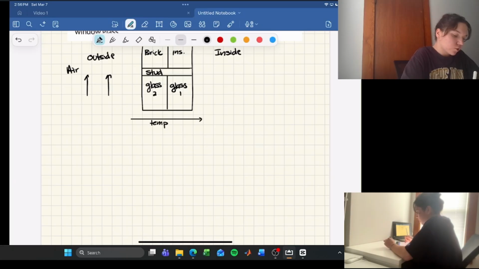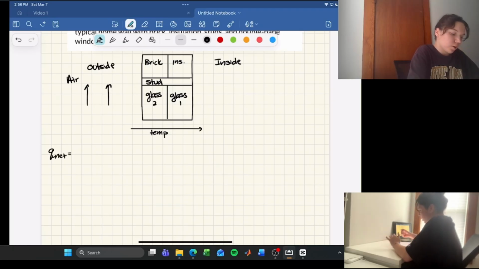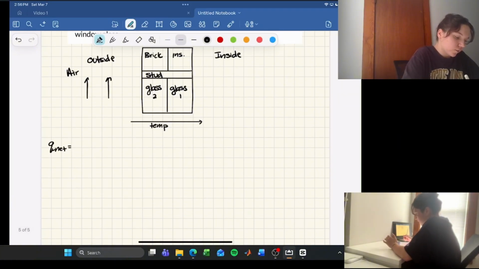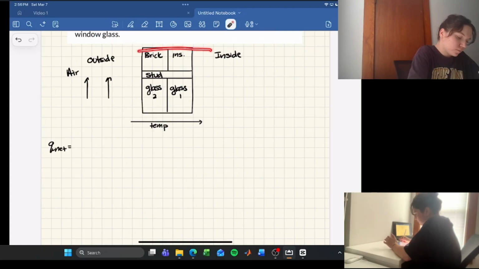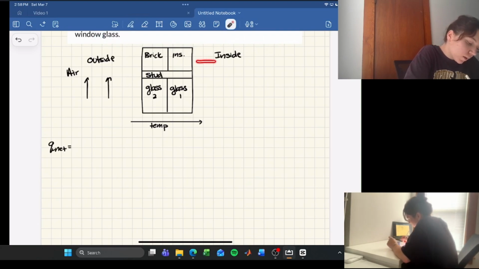So remember from earlier, we said that the net heat flow is going to be equal to the heat flow of each of these individual parts. So let's look at the one in series first. Let's look up here. This first part is going to be from the inside air to the insulator.